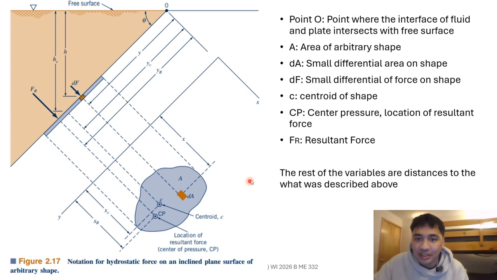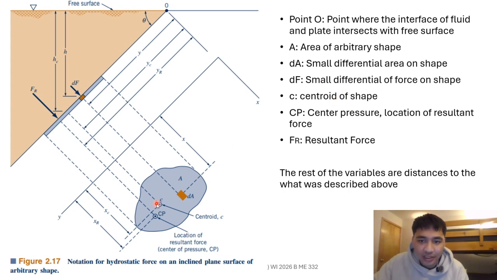We don't know what shape it is. dA is a small infinitesimal or differential area on the shape. You probably hear that a lot in your multivariable calculus class. And dF is a small differential of the force resultant, which is this dF here. They're just relating it from this blob to this view.